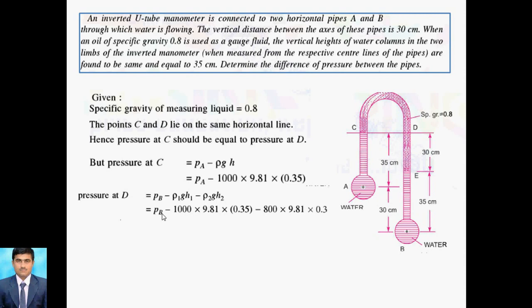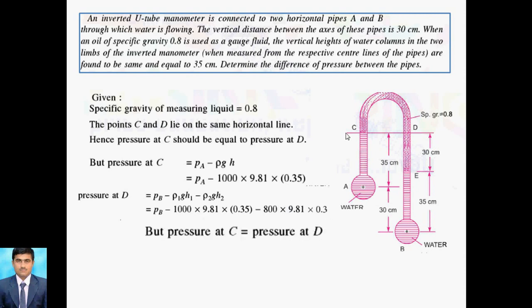So I can write it like this, and putting in the values: rho 1 is 1000 because water is also present here, G is 9.81, H1 is 0.35, minus rho 2, which is 800 kg per meter cube because the specific gravity of oil is 0.8, G is 9.81, and H2 is 0.3. H2 is 30 centimeters, that's why I convert it into 0.3.